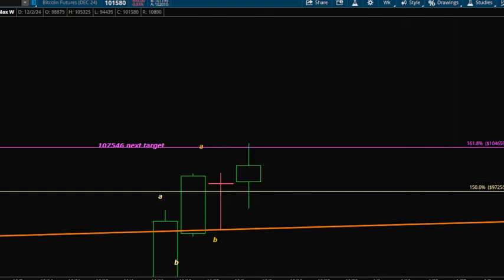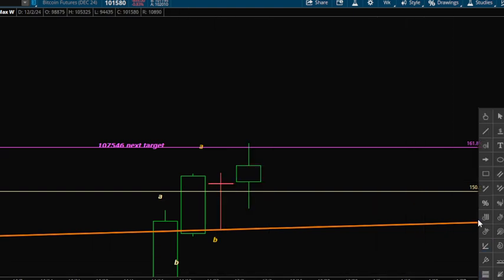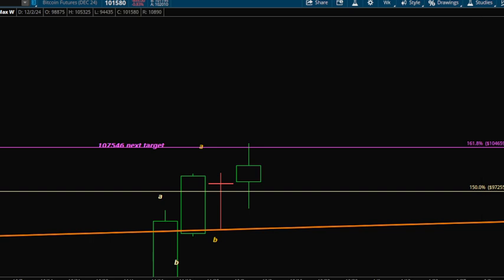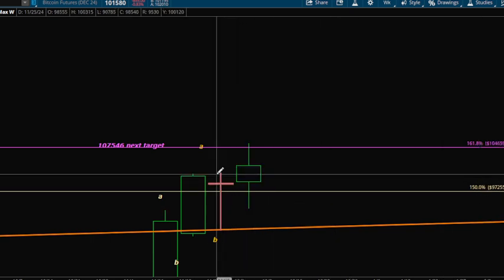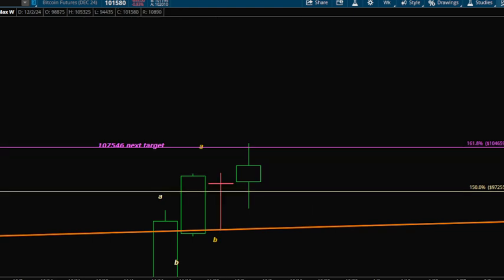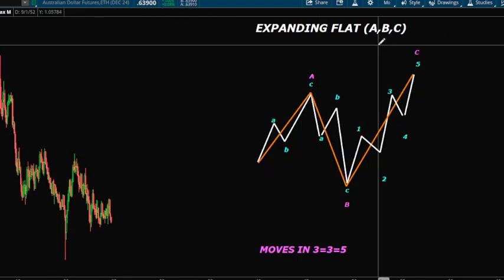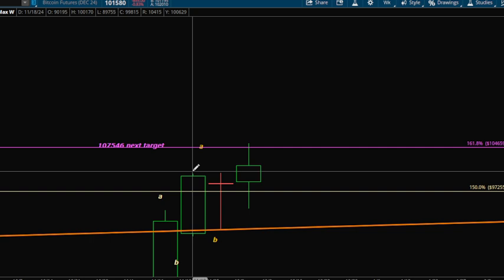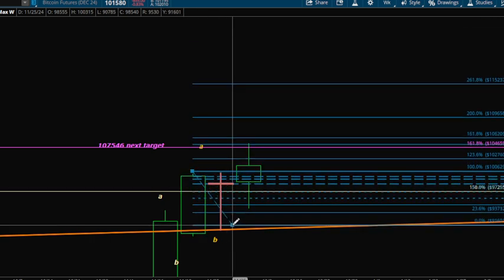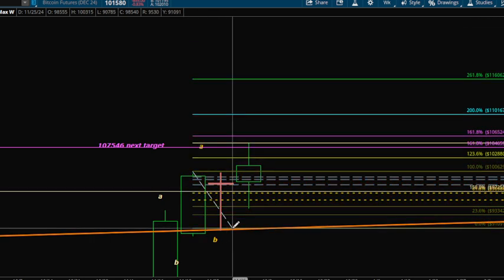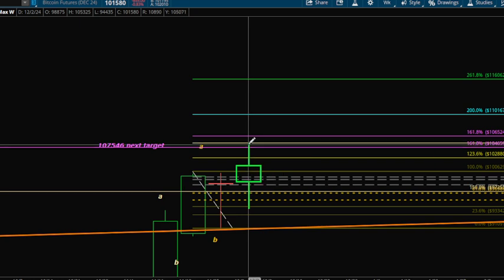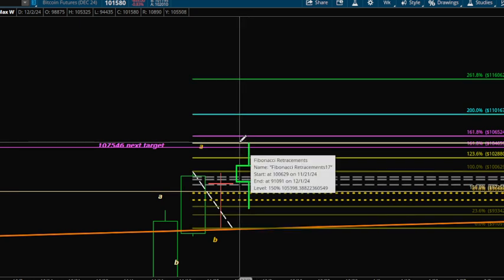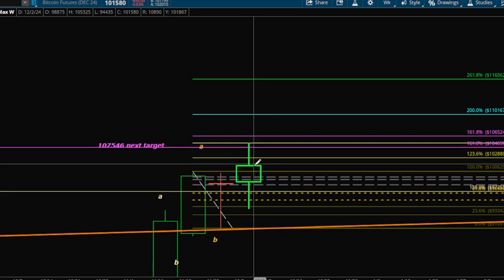So I would say get your Fibonacci retracement tool. Think of this as an expanding flat, and that maybe this is the top. Measure the bottom of there and look, right on it, that's the 150% fib, and look at the rejection off of it.